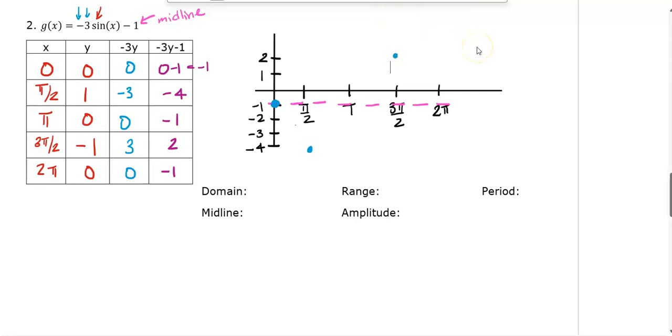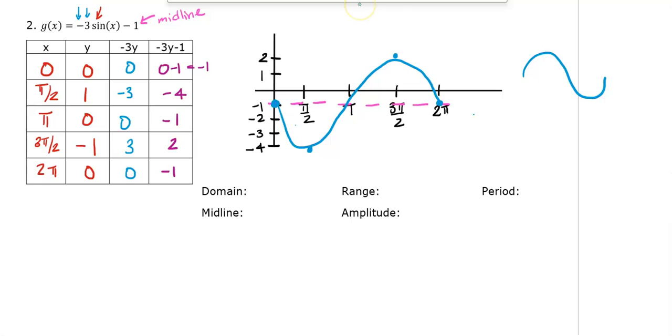And 2 pi, we're at -1 again. All right, so that's what I have right now. And if you notice, this is different because remember my sine function normally looks like this. The reason that it looks different is because of that negative in front that reflects it across my x-axis.